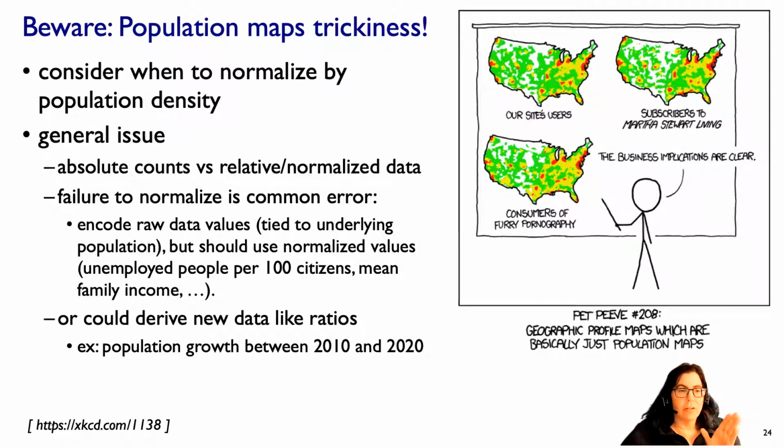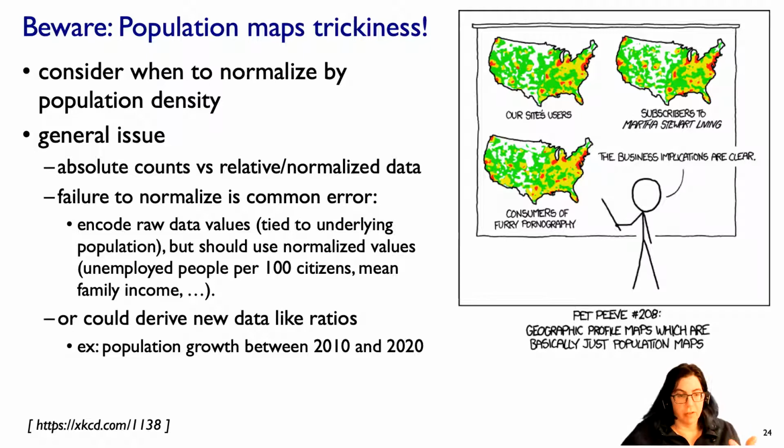Now, this is actually a specific example of something that's much more general. When should you show absolute counts versus when do you have to show something relative? That is when you need to normalize your data. So a really common error with choropleth maps is that you haven't normalized, right? If you're just encoding raw data values that are tied to something like an underlying population, then you typically would want to use a normalized value, right?